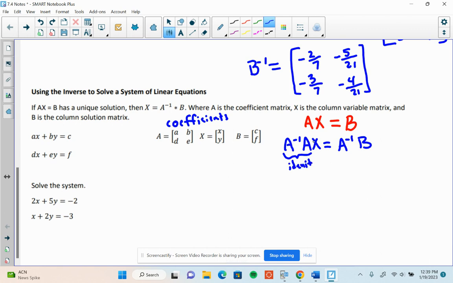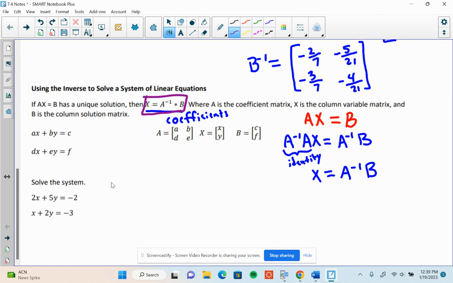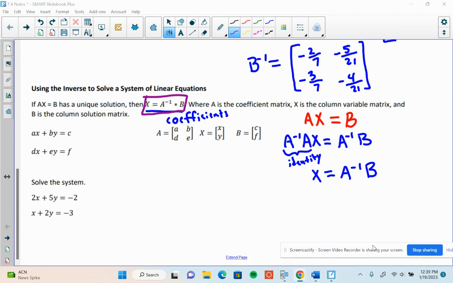And remember, the identity matrix acts like a 1. So when I multiply the identity matrix with the matrix X, I just get X. So X equals A inverse times B, which is this equation that we have right here. X equals A inverse times B. You're going to want to remember that. Okay, so what we're going to do next is use this technique to solve a system.